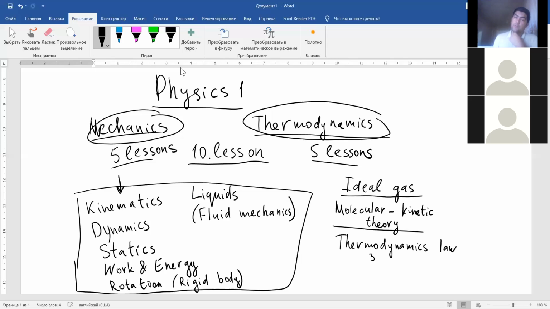There are 3 laws of thermodynamics: first law, second law, and third law of thermodynamics. And then we learn what is entropy. This is for 5 lessons in total.